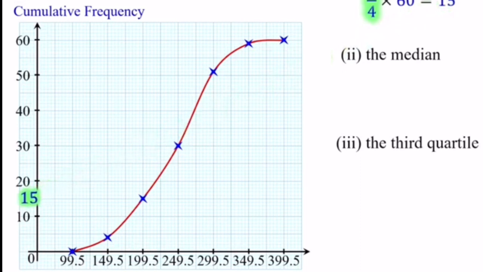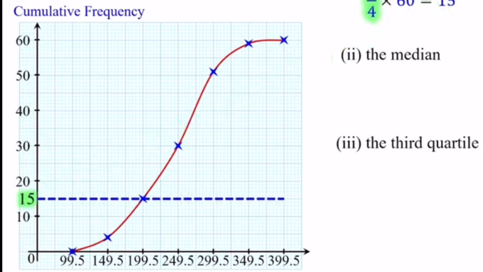So see, this is 15 in between 10 to 20, right? Let's use a ruler, draw the dashed line from 15 like this until it touches the ogive, right?